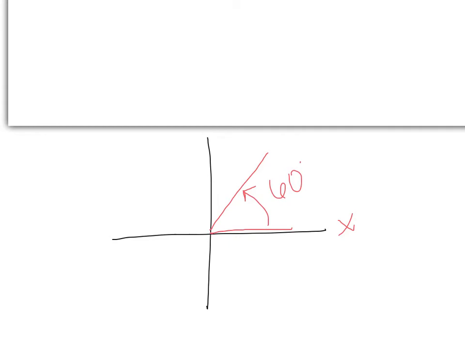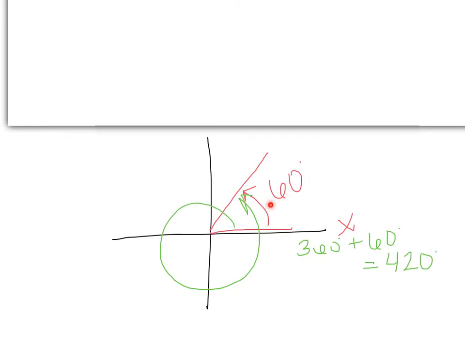What's another way we could get there? Well, I could have made a complete circle and then landed there. So that would be a full circle, which is 360 degrees, plus 60 more. 360 plus 60 gives me 420. So now you can say that 60 degrees and 420 degrees are coterminal.